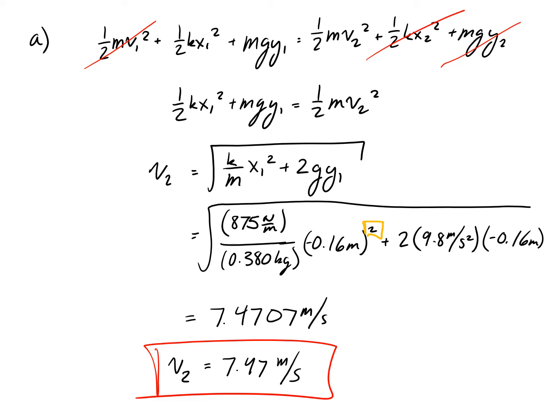So because of that, and because of where we set y equal to 0, we could eliminate a couple of terms. We were able to go through and solve for the speed at point 2. Now we need to look at B, which is solving for the total height that the ball moves above its starting position.